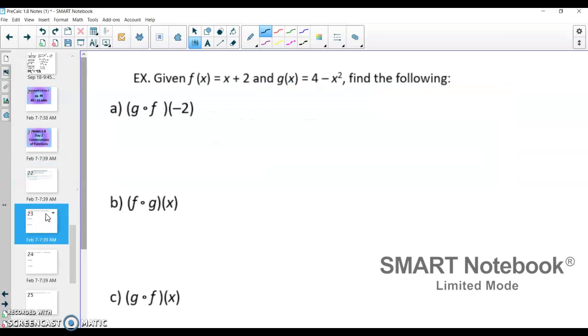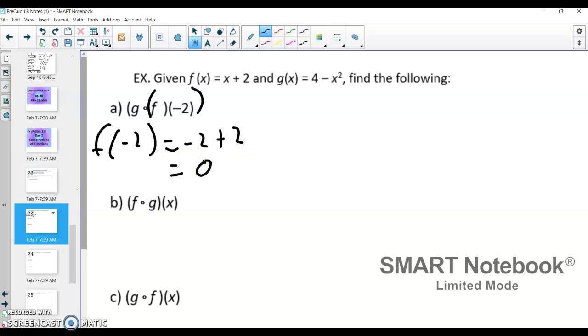First one here is g of f evaluated at -2. The way I see it, first we want to say, what is f of -2? We do f of -2, and that gives me -2 plus 2, which equals 0.